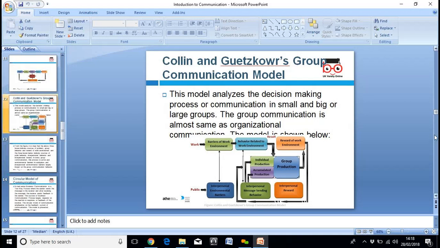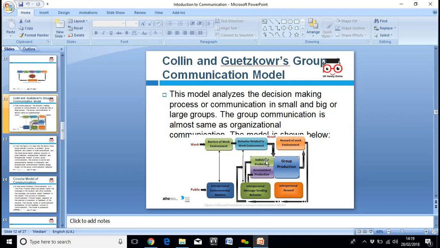Colin and Gvetsko's group communication model. This model analyzes the decision-making process or communication in small and larger groups. The group communication is almost the same as the organizational communication model, and it's shown here. So that's work, barriers to the work environment, behavior related to the work environment.